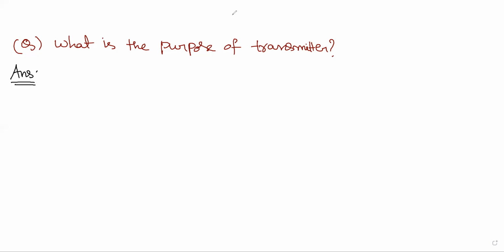I choose like this. Okay, the line is too thin. The purpose of a transmitter.